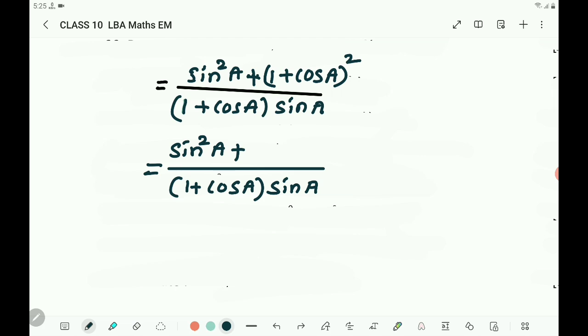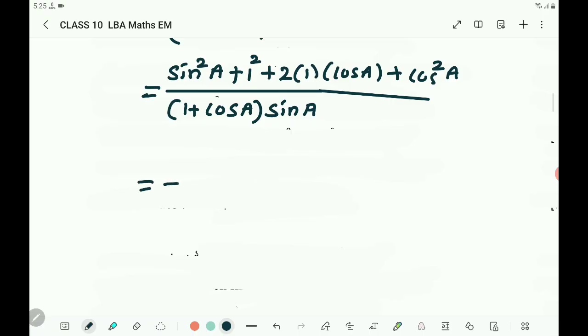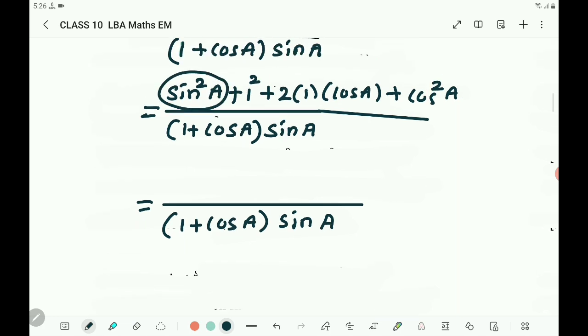A square is 1 square plus 2AB, 2AB is 2 into 1 into cos A, B square is cos square A, equals, write the denominator as it is, (1 plus cos A) into sin A. Bring sin square A and cos square A together.